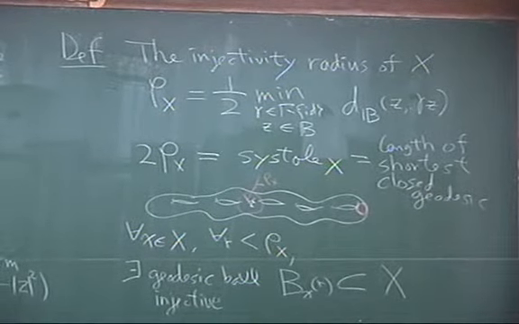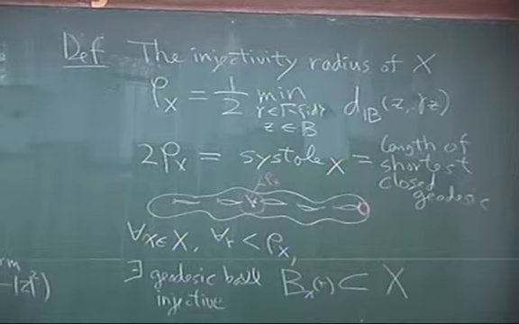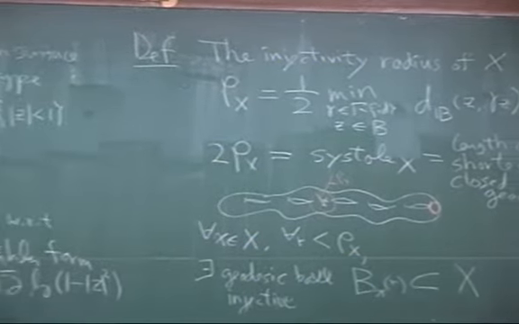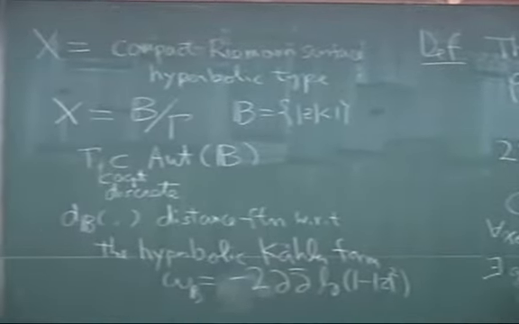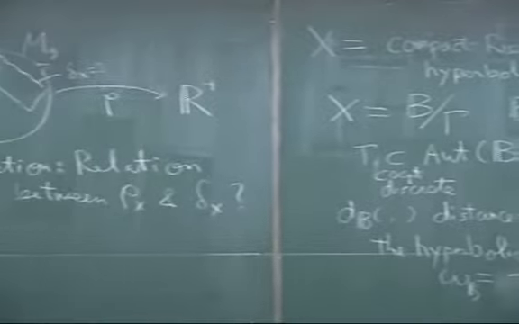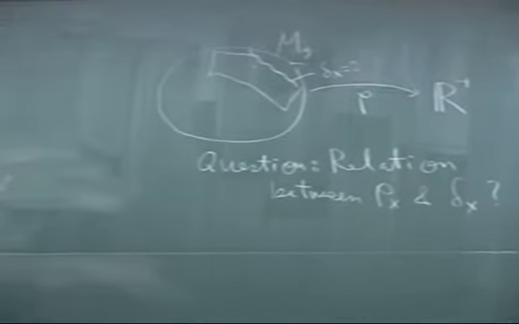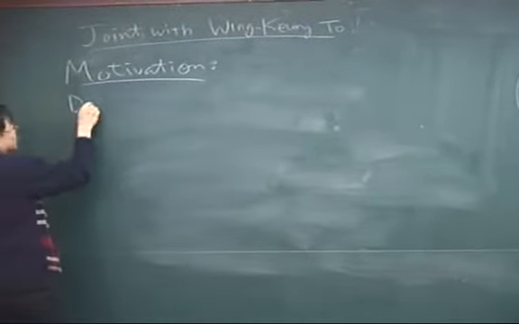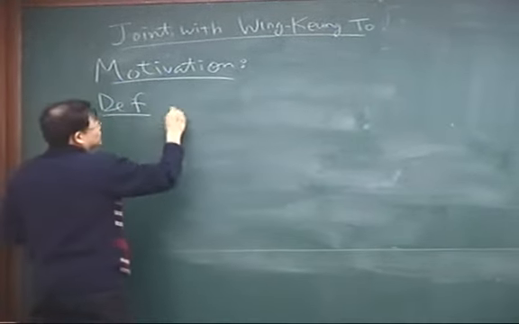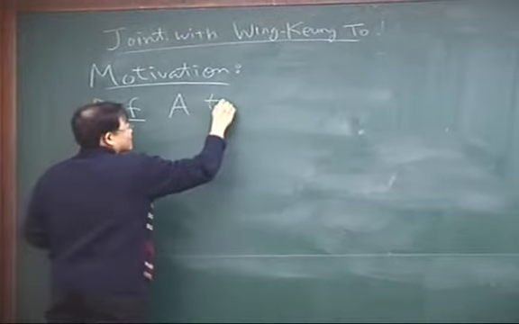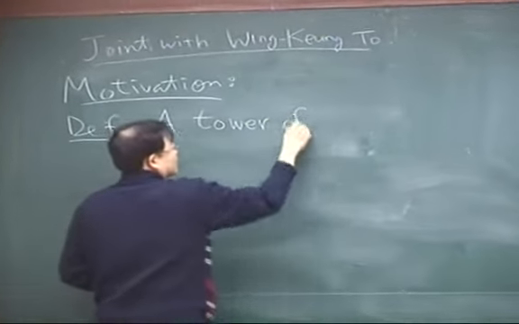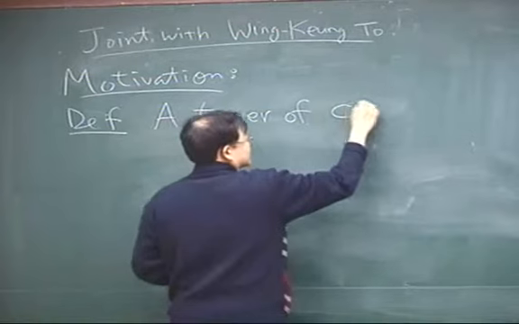Okay. Now, the motivation we had was the following. This is a more specific question than this arbitrary question. And for that, I define another notion. So we define the notion of a tower of compact Riemann surfaces.